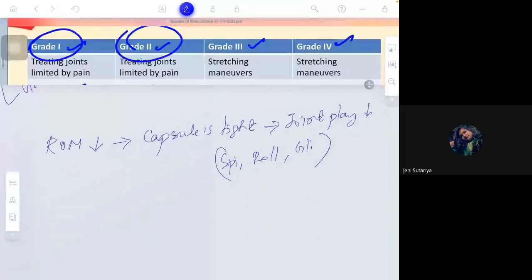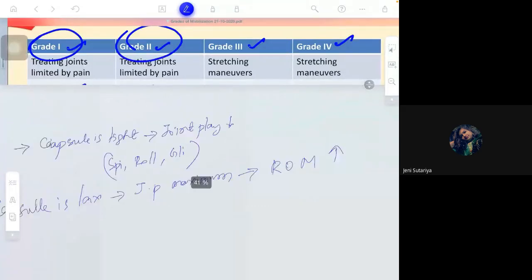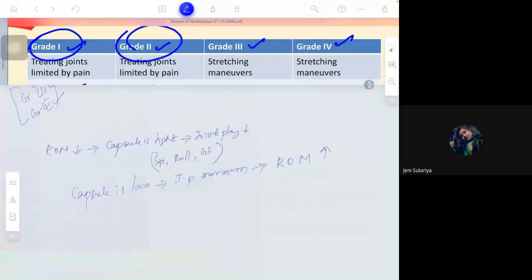Clear? If the capsule is lax, then joint play will be maximum. If joint play is maximum, range of motion will be maximum. Are you understanding this sentence?